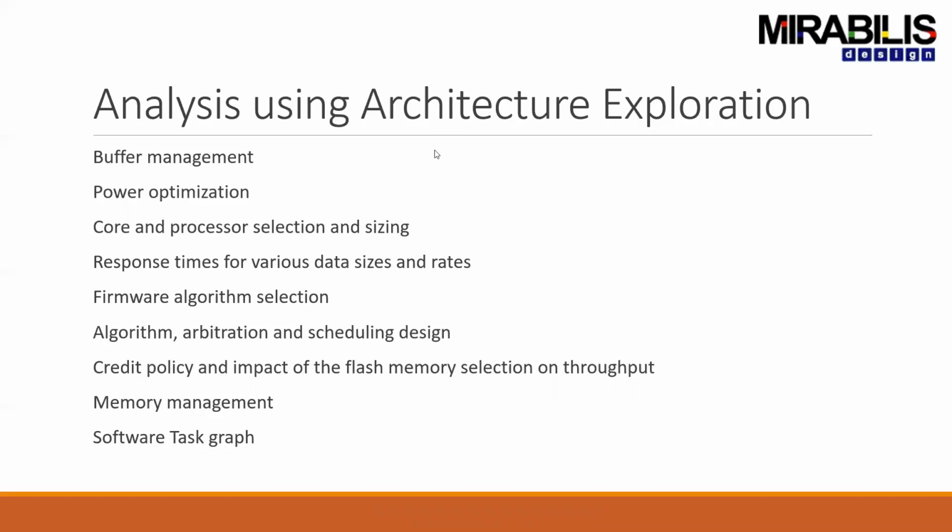Now, when we look at the analysis, some of which we've already discussed, anything from the buffer, as I mentioned, buffer and power, versus the other attributes. Memory controller design is an interesting part because it involves looking at the overall system, not just the memory itself.